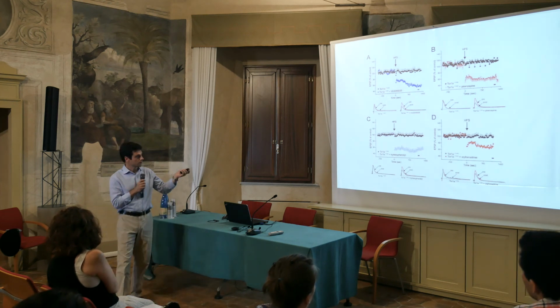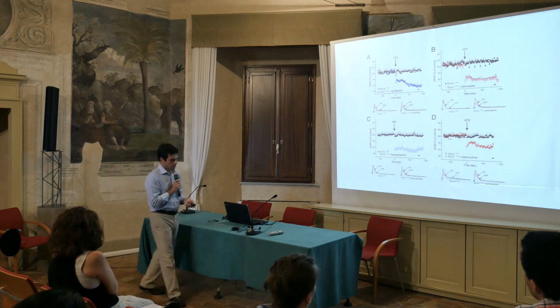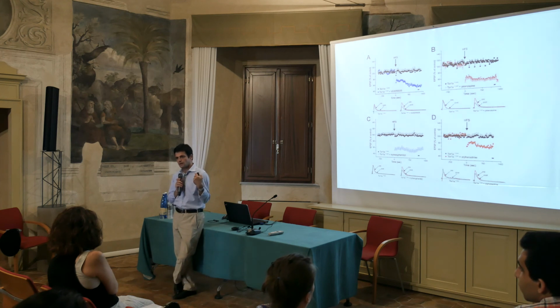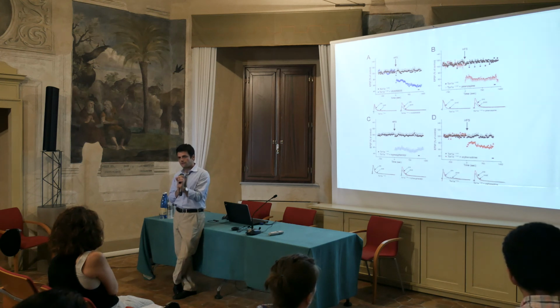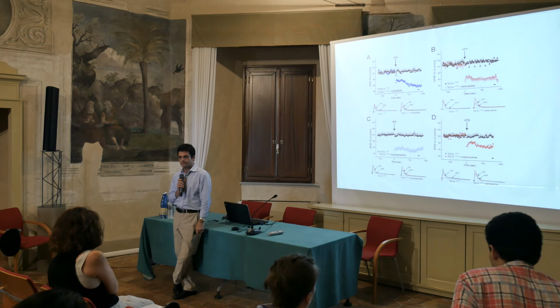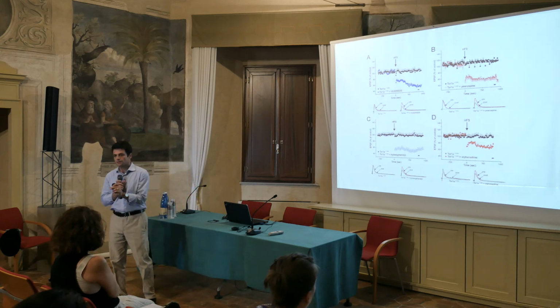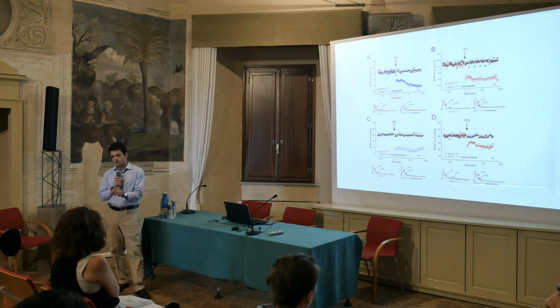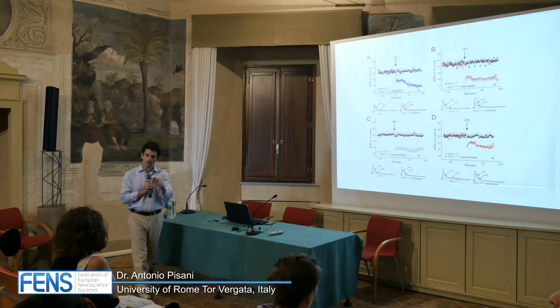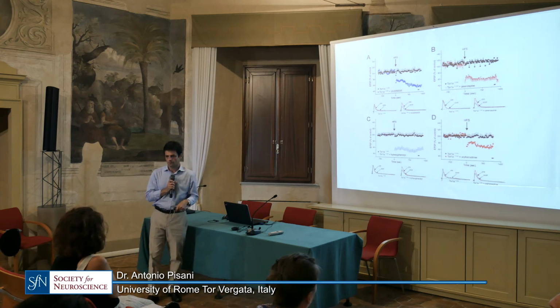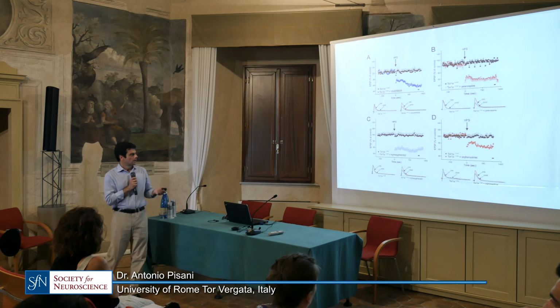But as I've shown, the paradoxical excitation that we observed in this knock-in, we observed also in cholinergic-specific knockouts for torsin A. So that deletion is cell specific. That mutation of torsin A in the cholinergic cell gives rise to that electrophysiological behavior.